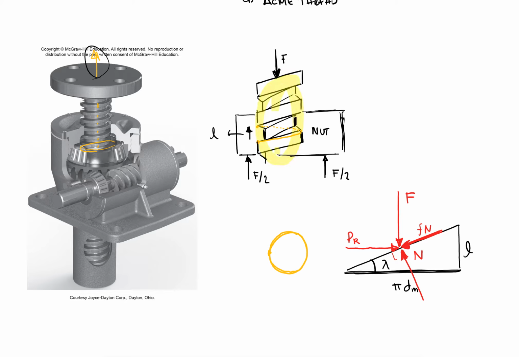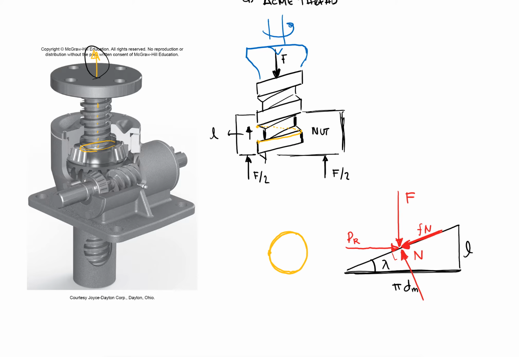So if this screw needs to go up, think about having a regular screw. It's not the same, but if you have a regular screw and your screwdriver, you would be rotating this in that direction so that the nut goes up or down.